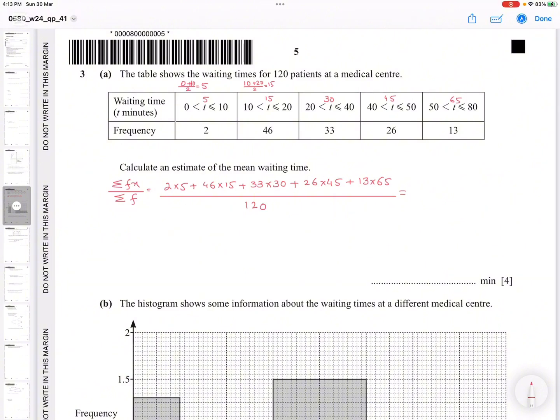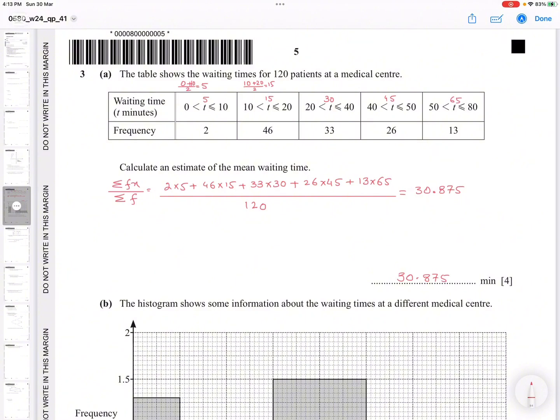So use your calculator, and your mean time is 30.875. Write it in the answer space: 30.875.